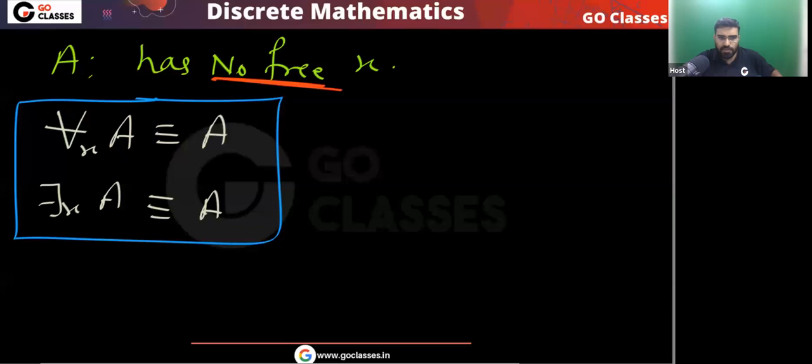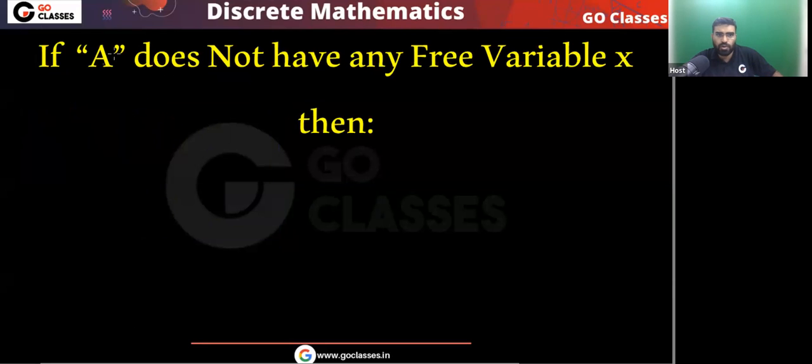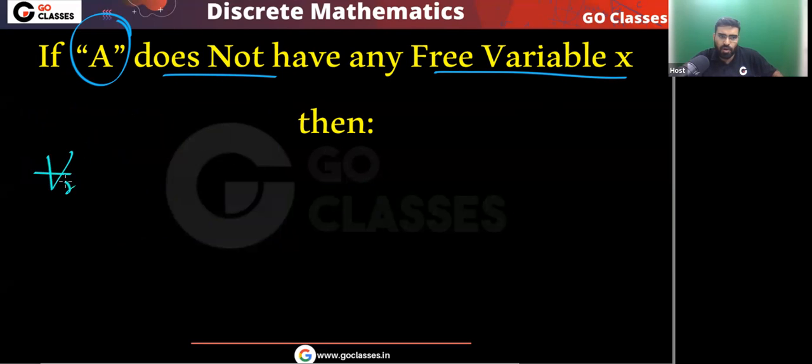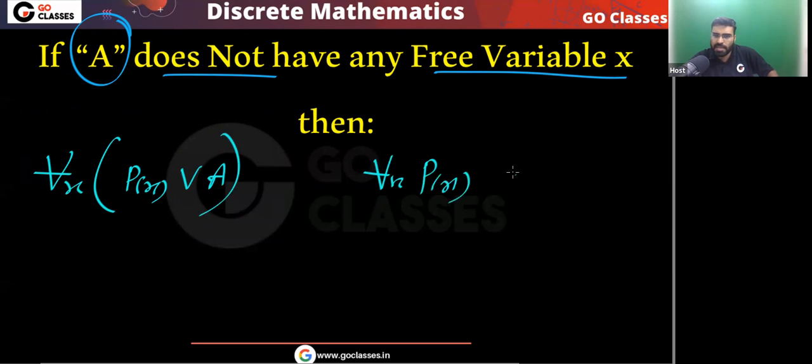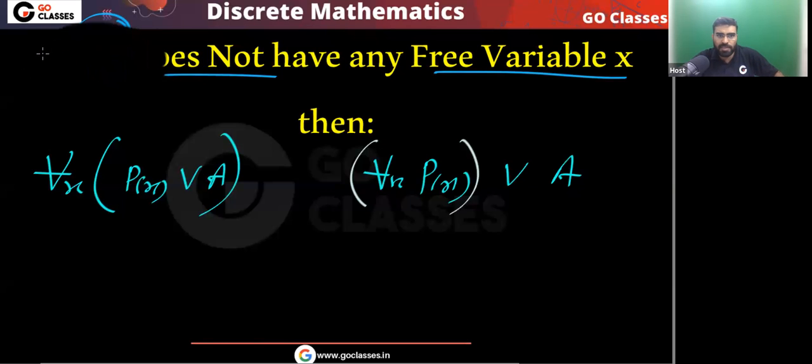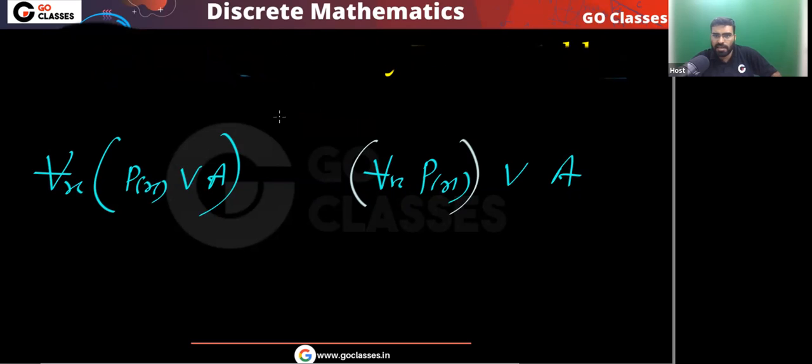Now, if a does not have any free variable x, then if I give you this expression, is this valid? Think about it. I am giving you one expression: for all x, px or a. Do you remember that normally, are they equivalent?